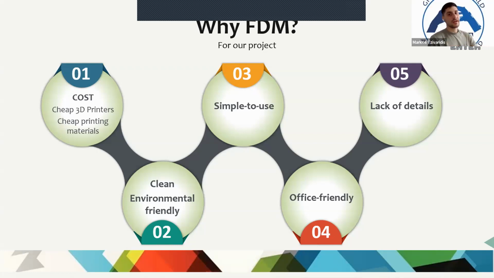There is a significant difference in the materials, and most of you that have been in 3D printing or maybe knew how 3D printing technology worked in previous years, the materials used for SLA printing were way more costly than the ones used in FDM printing.